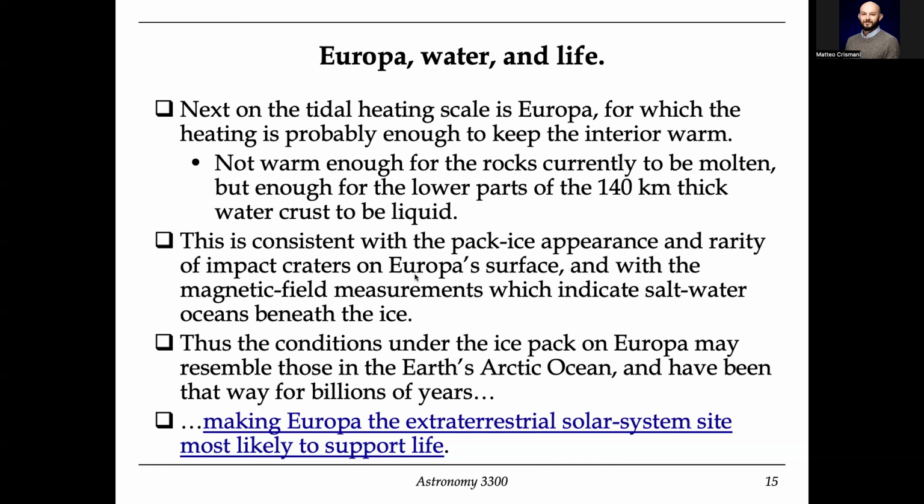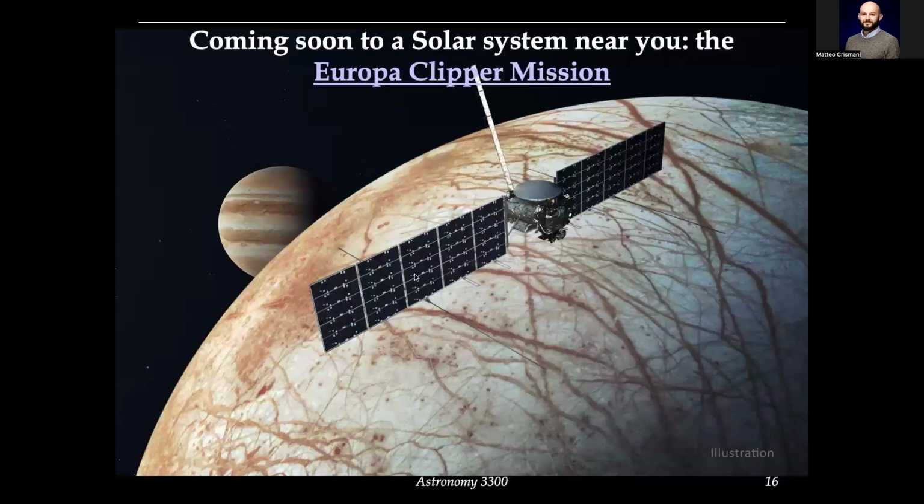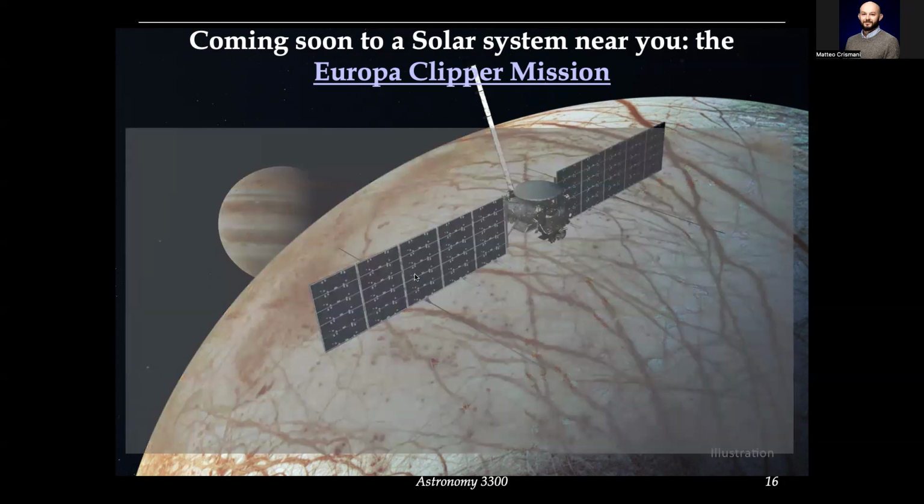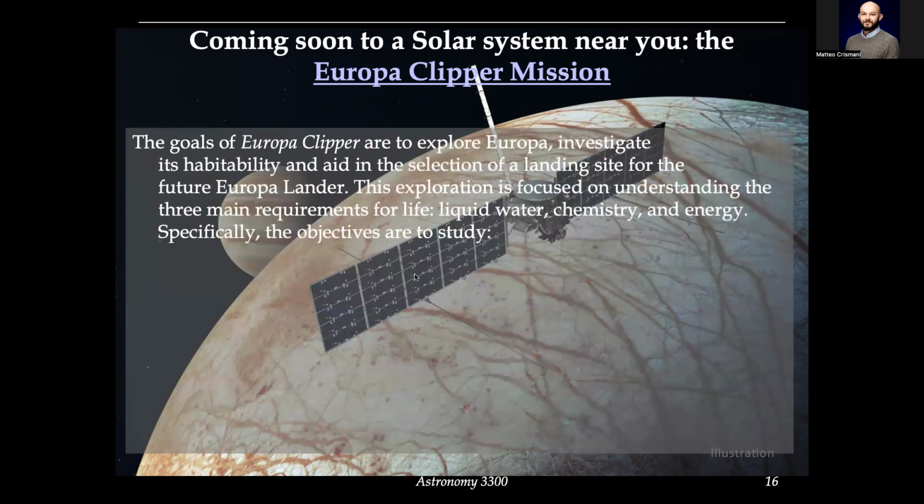Okay. We're sending stuff there, and we'll end with just a slide about the Europa Clipper mission, which will fly in 6 days. So should be fun. Arrives, I think, in 2031. It's going to look for the landing site of the future Europa lander.